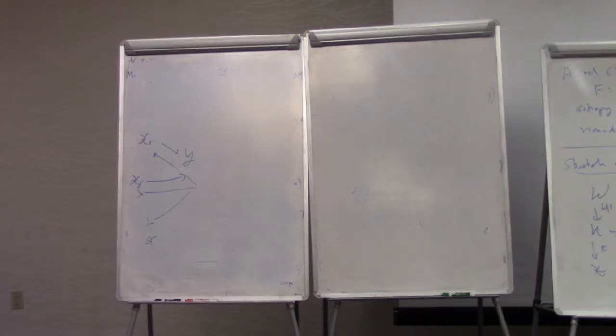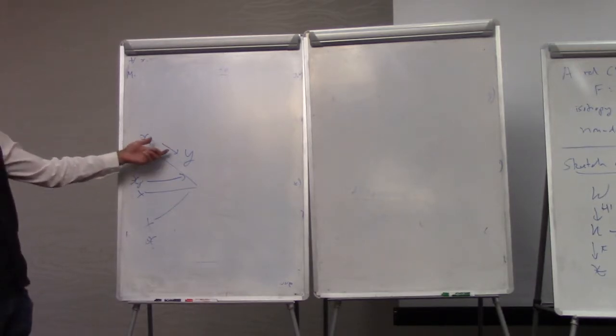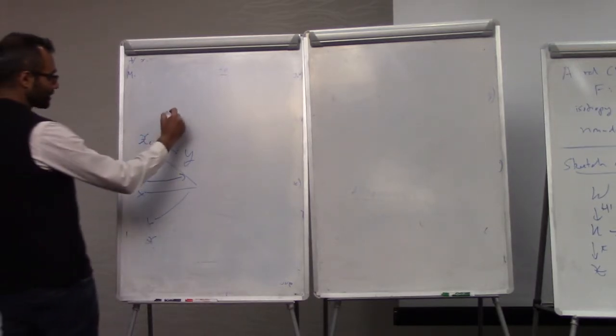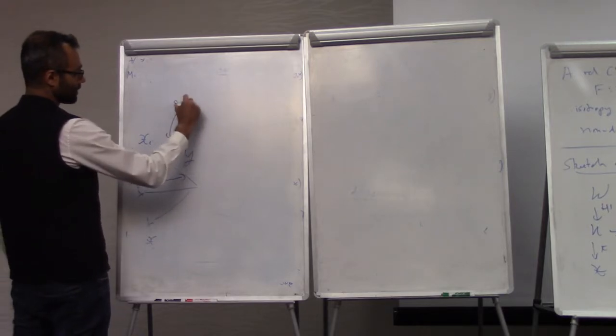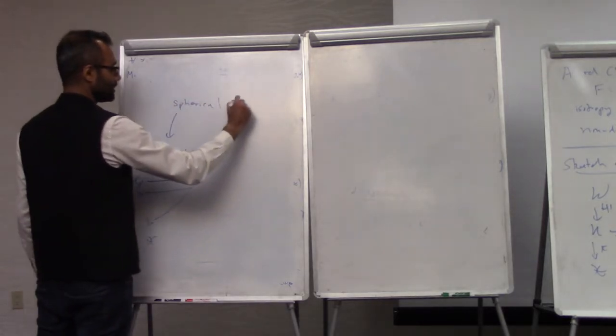So Xi into Y and so on. And in the definition of Schober, these functors are supposed to be spherical functors. So I'll define what that is in a moment.